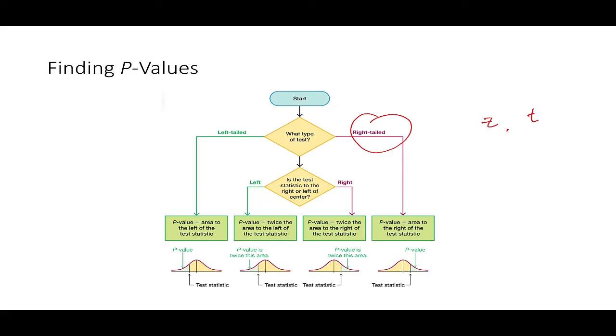And then if it's a two-tail test, again there are two different ways. If the test statistic is to the right or left of the center: if it's left, then the p-value is twice the area under the left side of the curve. If it's right, then it's twice the area under the right side of the curve.